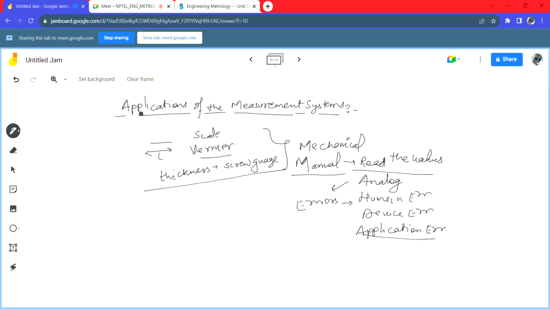Now we are moving towards automation in almost all the sectors of the industry, and everything is being controlled using computer operated programs.